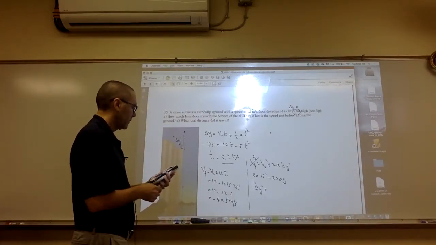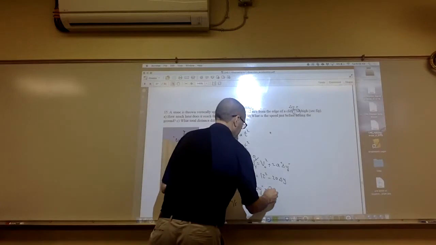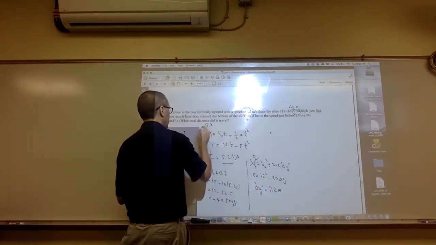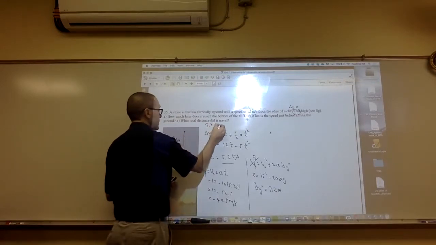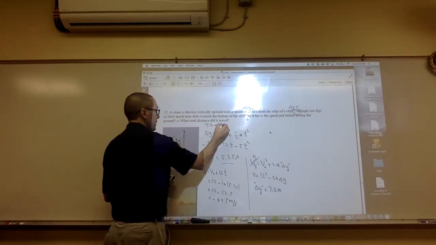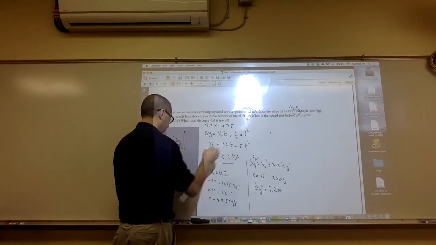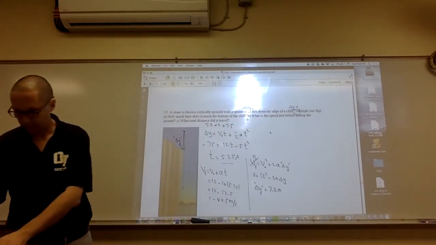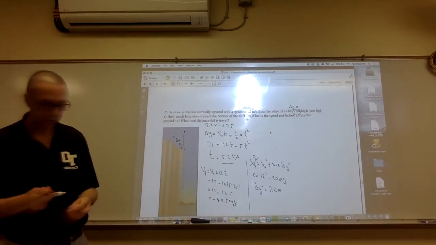I don't feel like it. So 7.2. So it's going to be, the distance is going to be 7.2 to get up to the top, another 7.2 to get down here, and add 75. So times 2 plus 75. So 89.4 meters for the total distance.